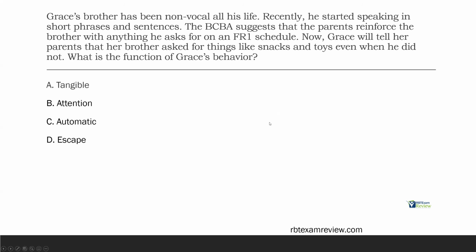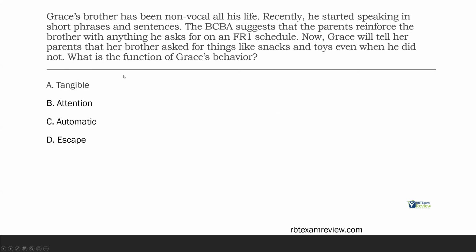No, this is socially mediated reinforcement, so we can't pick C. And then escape. Is Grace trying to escape from anything? No, not apparently based on our information. So based on our information, Grace is attempting to gain snacks and toys, so therefore she is attempting to gain a tangible. This could be a very similar question you might see in the RBT exam, these behavioral scenarios.